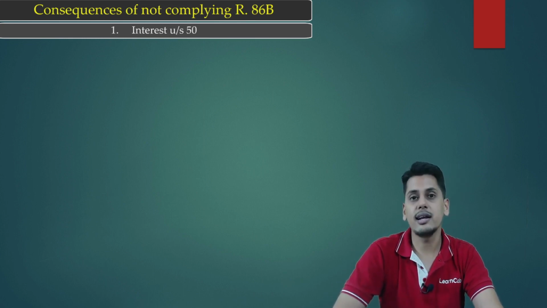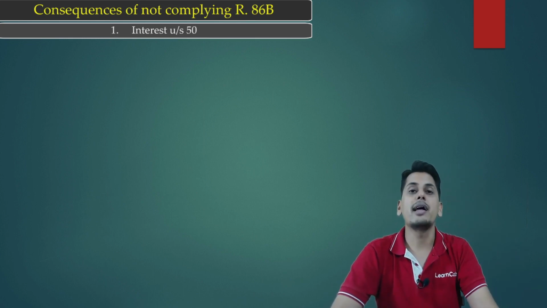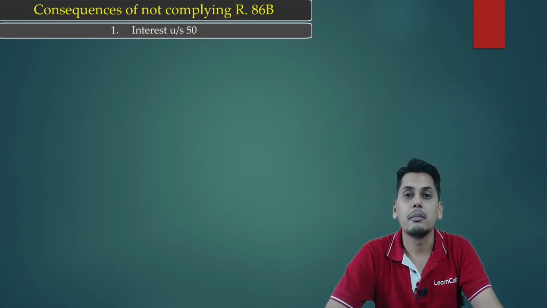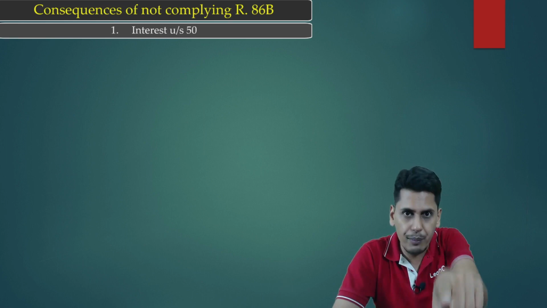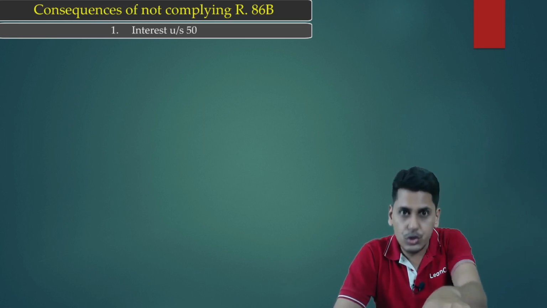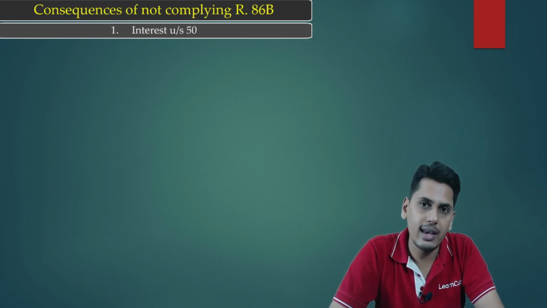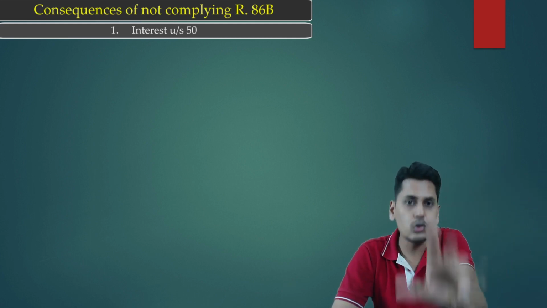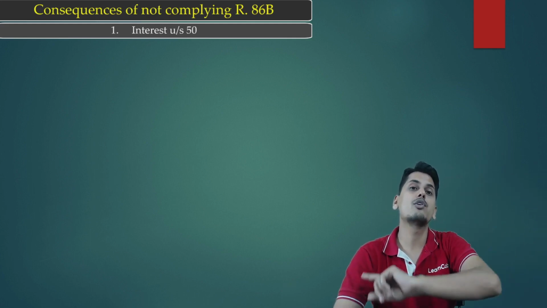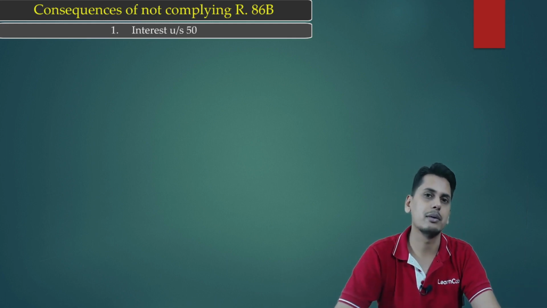Friends, please understand. If 86B was complied with, the government would have got money directly to their bank account. That 1% which you were supposed to pay from your electronic cash ledger, had that 1% been paid through your electronic cash ledger, the amount would have gone directly to the bank account of the government.